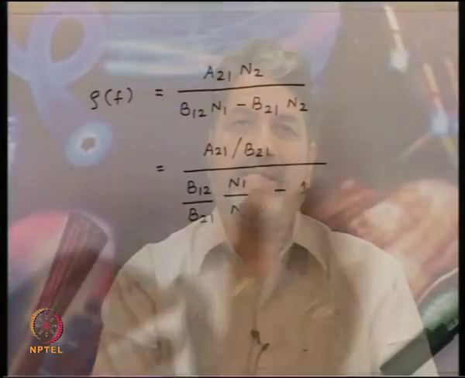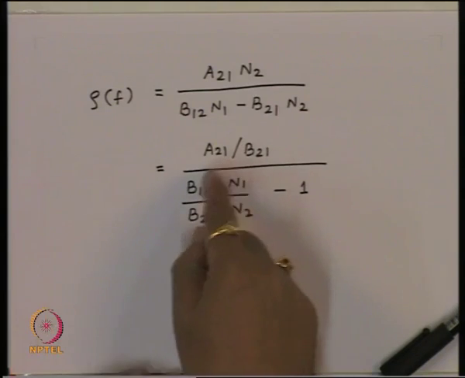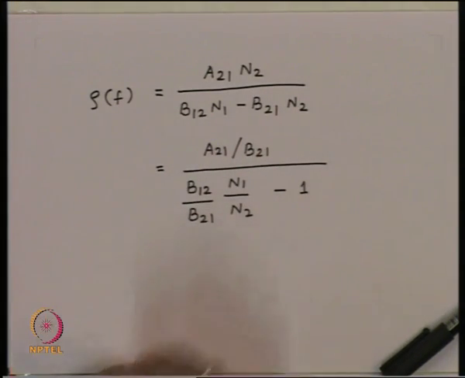So, if I now take the black body radiation expression and compare this expression with that, then we can deduce some relationship between these quantities A21, B21 and B12. These quantities are called the Einstein's coefficients, because he was the first who investigated this problem and tried to establish the relationship between these quantities.